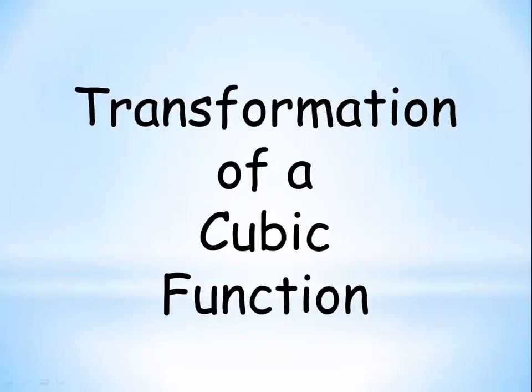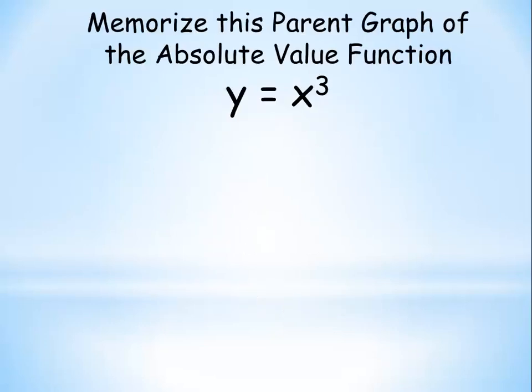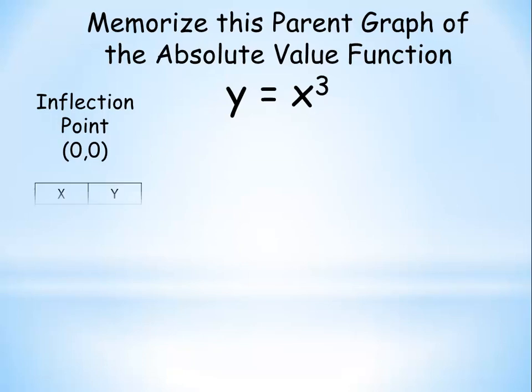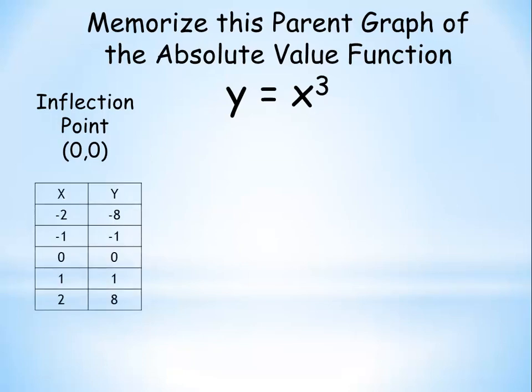Now let's talk about our last function, the transformation of a cubic function. Here is the parent graph, y equals x cubed. It doesn't have a vertex. It has something called an inflection point. But yet, it's similar to a vertex in that the inflection point is in the middle of the chart.